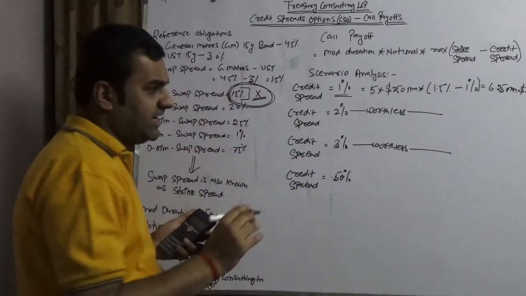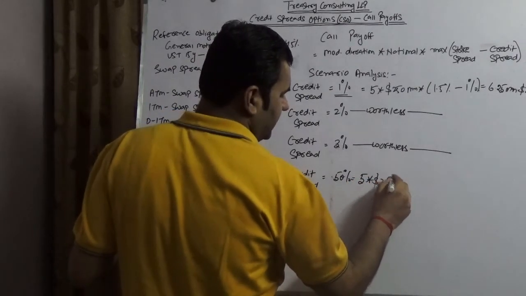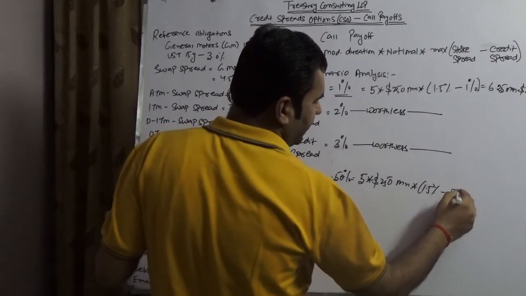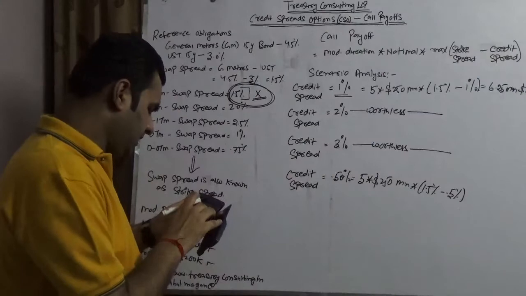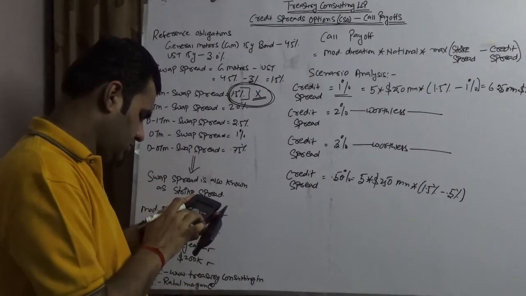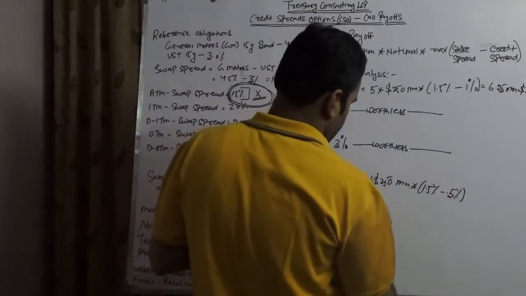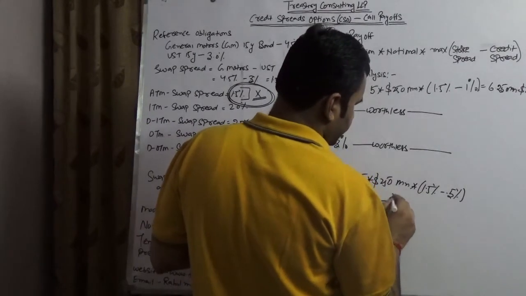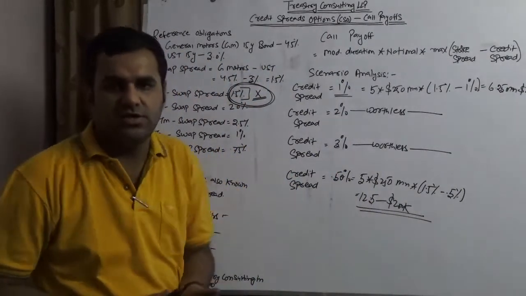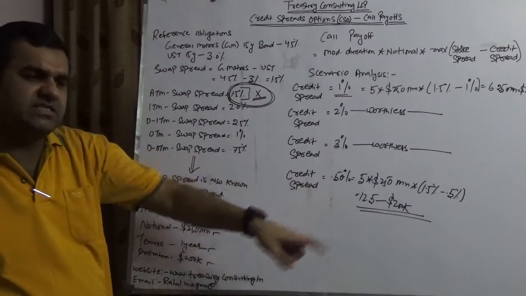Suppose it goes to 0.5%, then it would be 5 into 250 million into (1.5% minus 0.5%). It would be 12.5 million minus 200k. In case the credit spread rises, you will make this worthless. If it falls, you will exercise that.